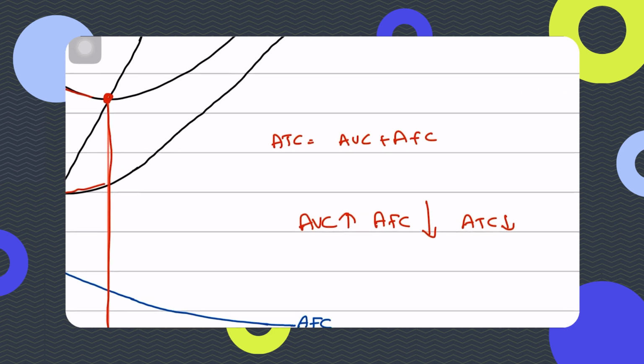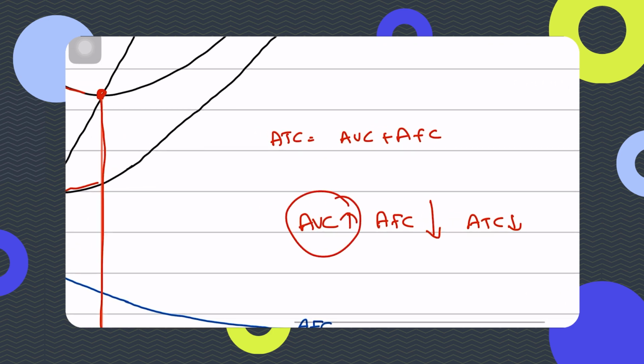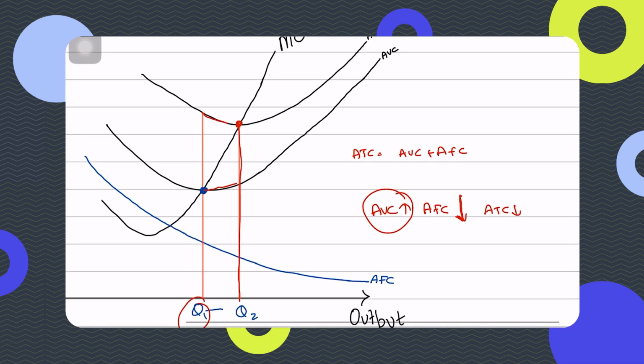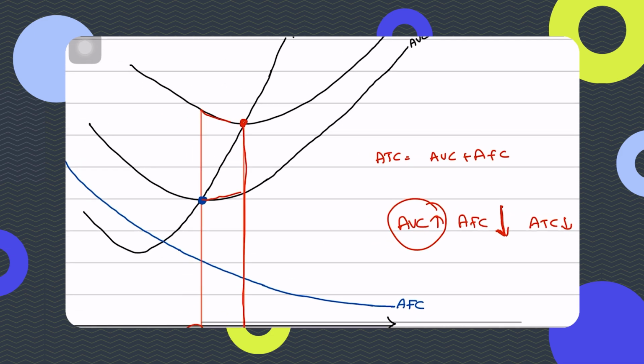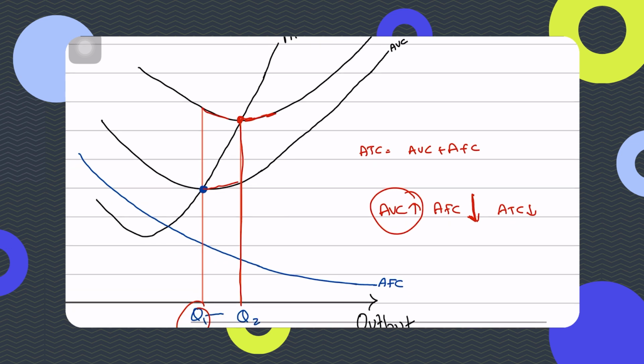Initially, AVC was rising, but AFC was declining at a faster rate, so it was offsetting it. But after Q2 it stops offsetting it, and hence ATC also starts to go up, right?